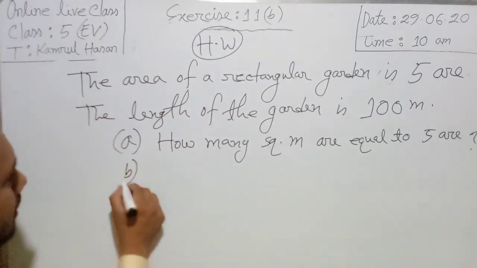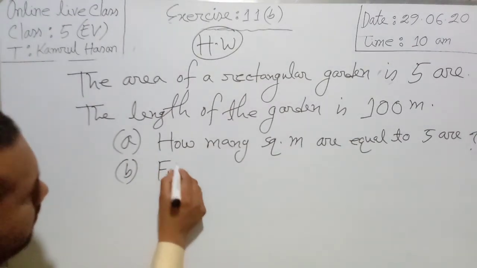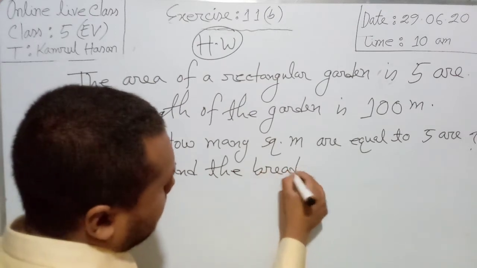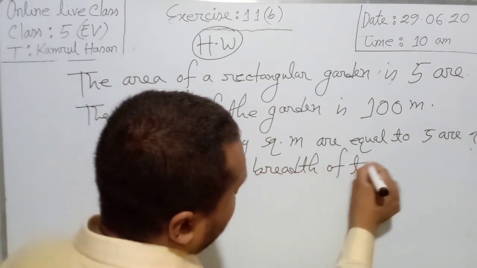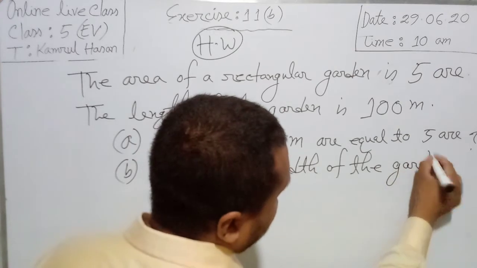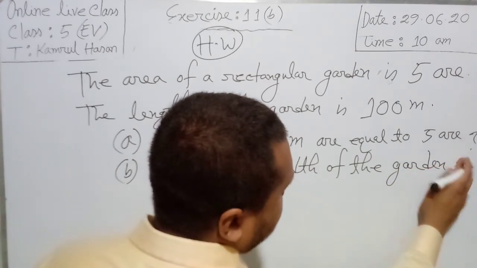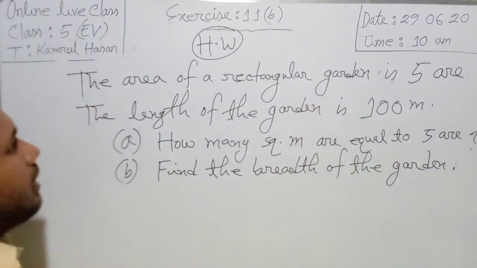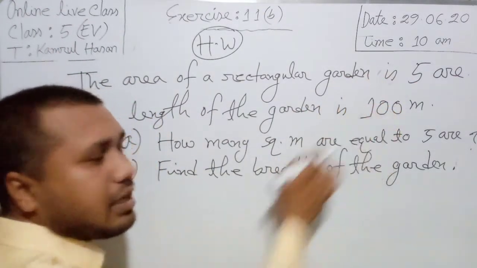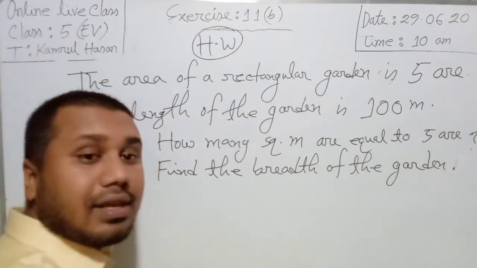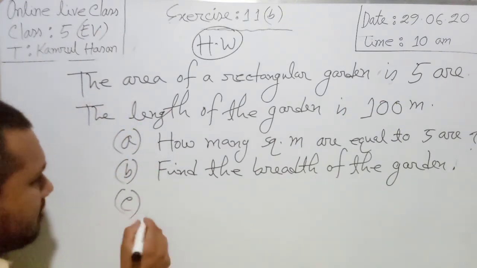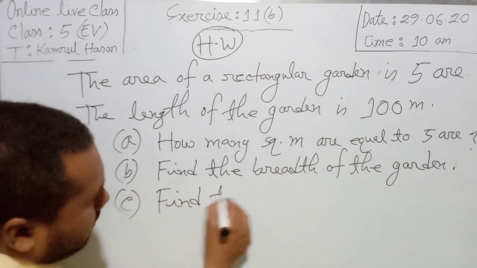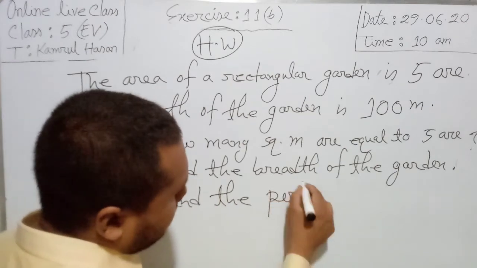Okay. Now B number, find the breadth of the garden. That means at first you find the area. Now area divided by length, you will get the breadth. Good. Now another one, C. I can give the C. Find the perimeter.